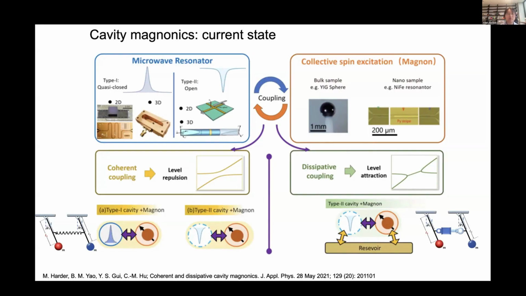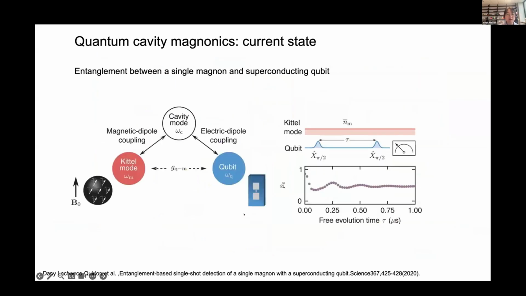But anyway, I was really interested that there was already a whole field of cavity magnonics, so people already know how to manipulate magnons really well with microwaves, and there was all kinds of coupling, like Hermitian and non-Hermitian physics there. Beyond that, there's also interest in quantum cavity magnonics.